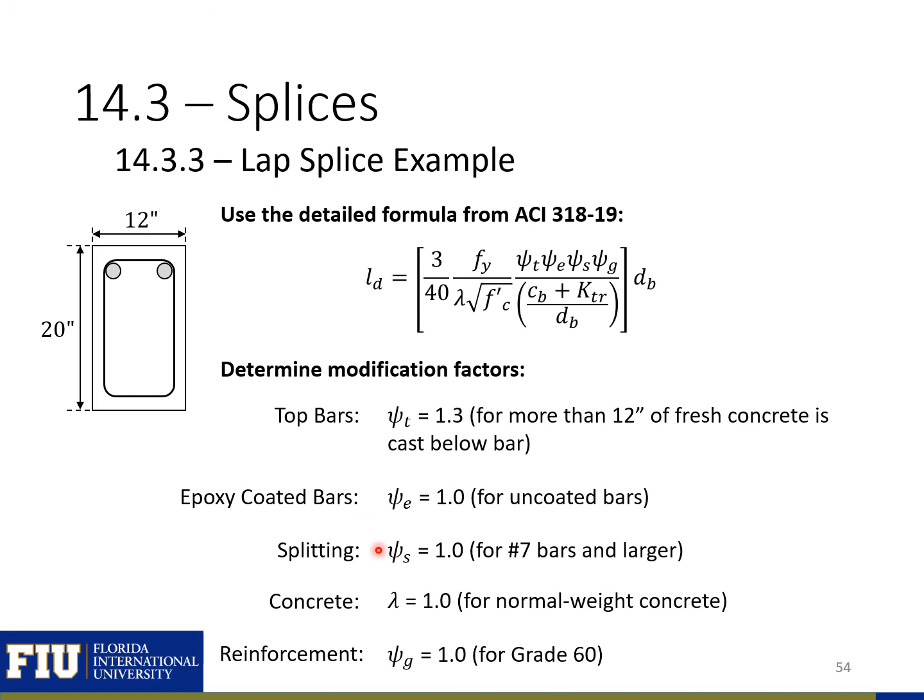Our splitting factor is 1.0 for number 7 bars and larger, which is what we have with our number 9 bars. Our lightweight concrete factor is 1.0 for normal weight concrete, and our reinforcement grade factor is 1.0 for grade 60 reinforcement.